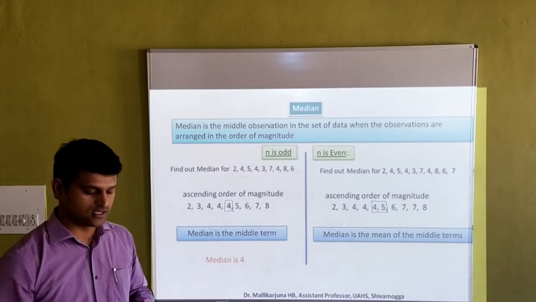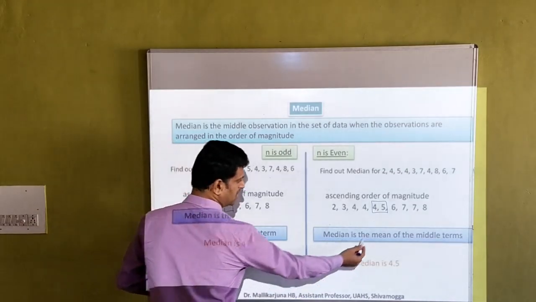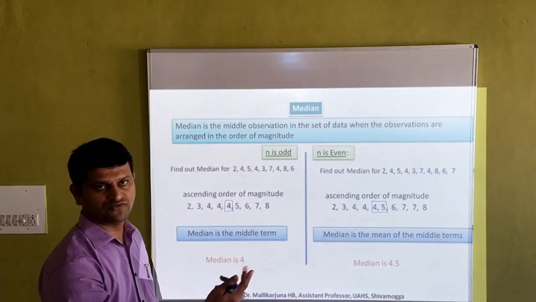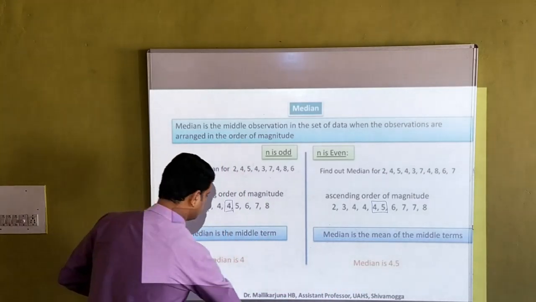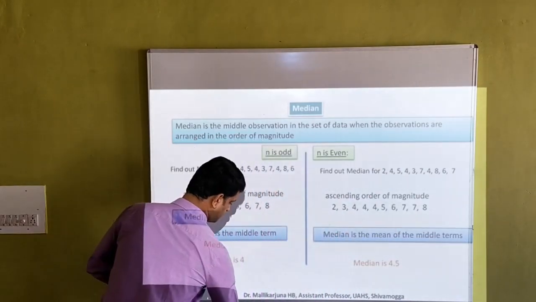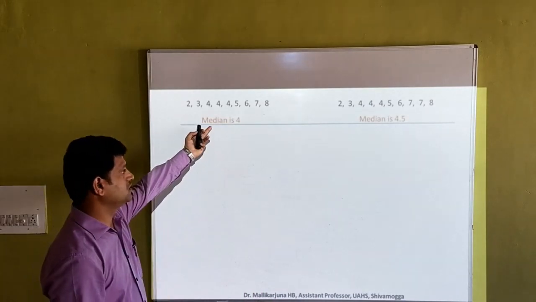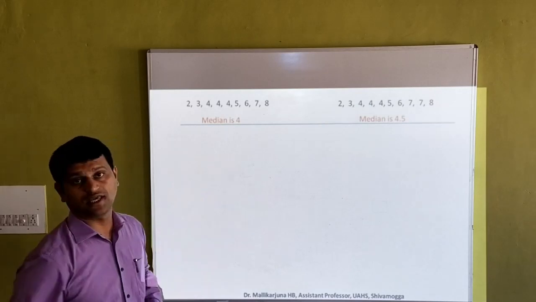The mean of the middle terms is 4 plus 5 divided by 2, which is 9 by 2, so 4.5 is the median. I took the same example. This is the odd number case where the median is 4, and in the even number case it is 4.5.